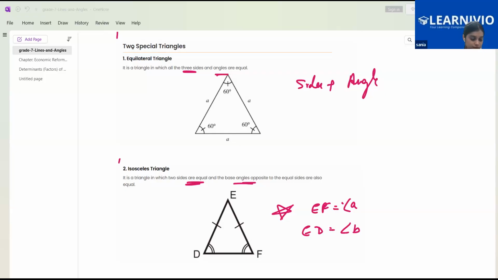So, ma'am, by just knowing one angle, can we know both the angles? Yes, that's possible. We'll come to that. Don't worry.